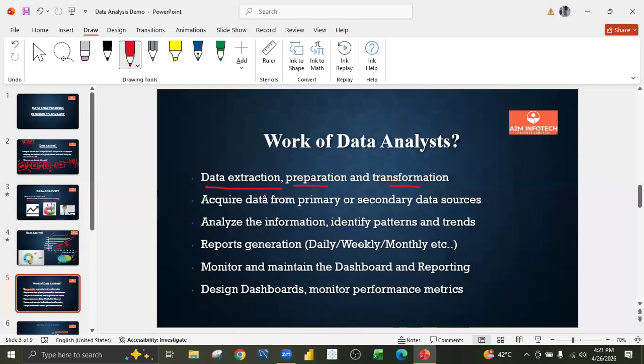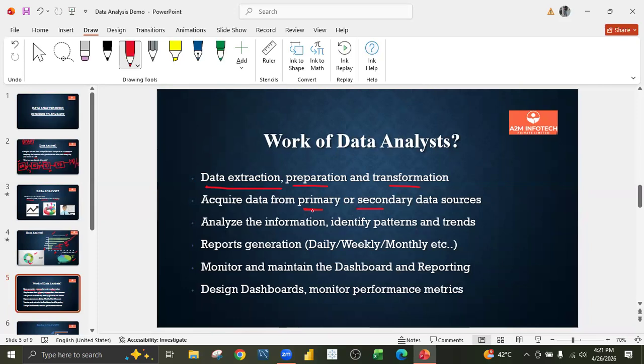Next, acquire the data from primary or secondary data sources. Now, primary and secondary. The primary data source is the data source which is easily available in your ecosystem, like in your company. For example, Excel files, SQL database, CSV file, JSON file. All these are primary data sources.